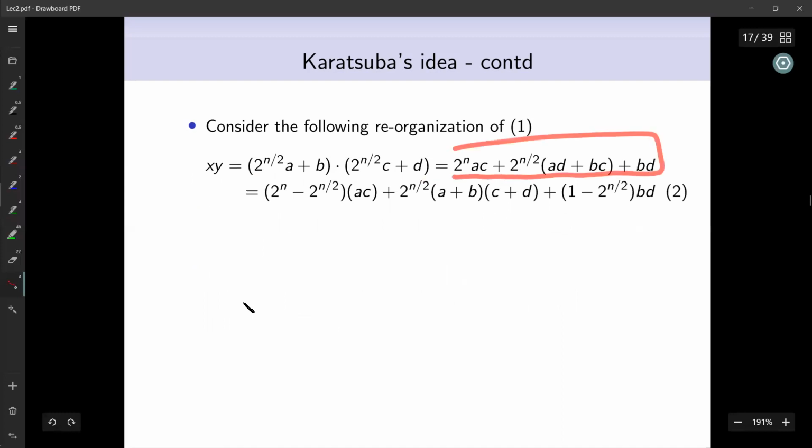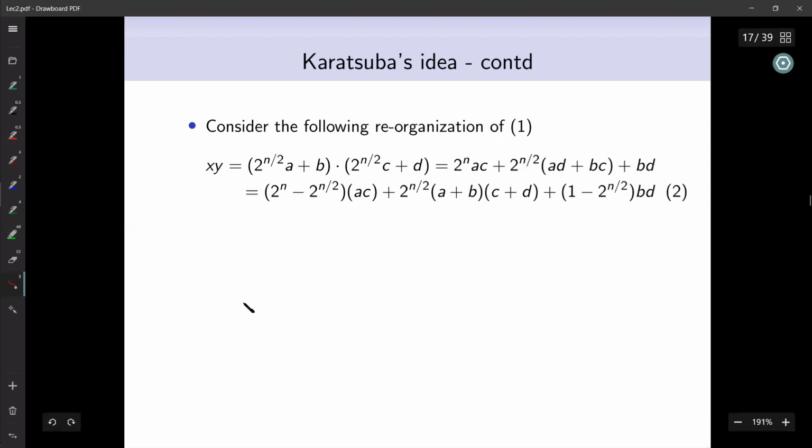So we required 4 multiplications of n/2 bit numbers. Now, instead, he did a clever reorganization of this. He just wrote this as (2^n minus 2^(n/2)) times AC plus 2^(n/2) times (A plus B) times (C plus D) plus (1 minus 2^(n/2)) times BD.